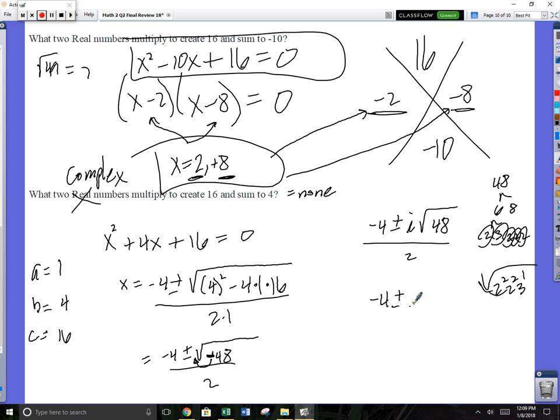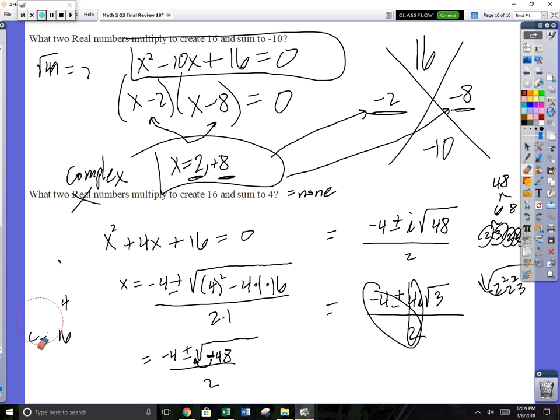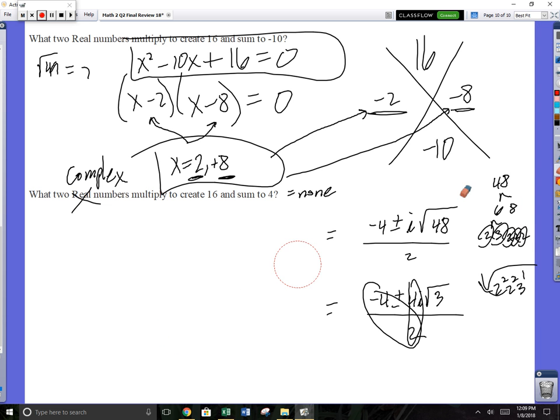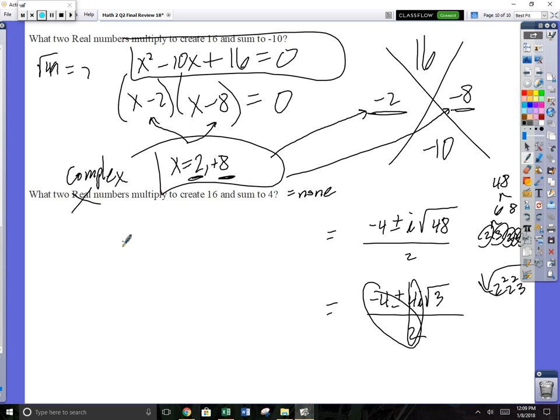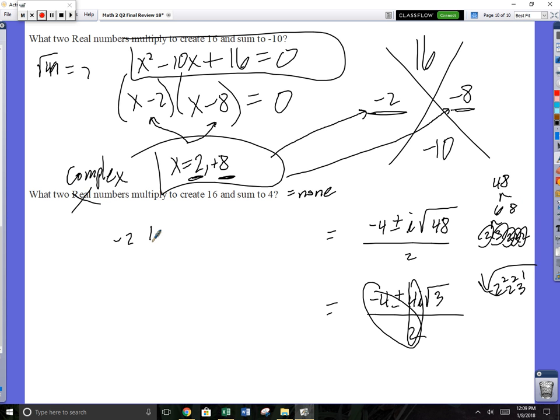You're going to bring 2 2's out, so that's a 4 imaginary on the outside, 3 on the inside, and all that is divided by 2. Okay, now here we go. We are going to divide each of these guys by 2. So now I'm just about done. If we divide them each by 2, we're going to end up with negative 2 plus or minus 2 imaginaries times the square root of 3.